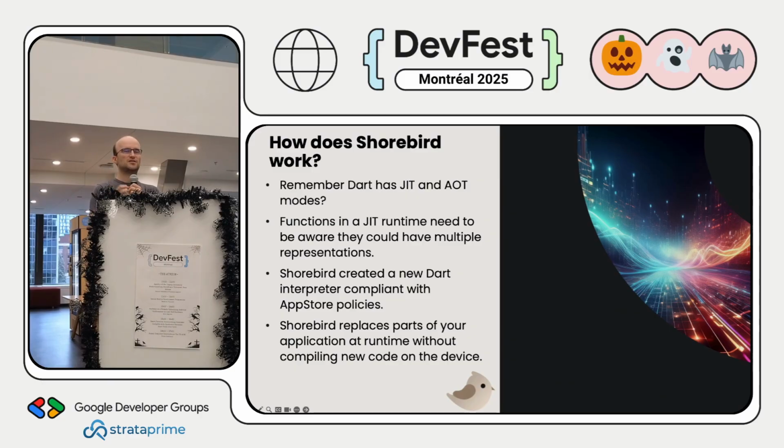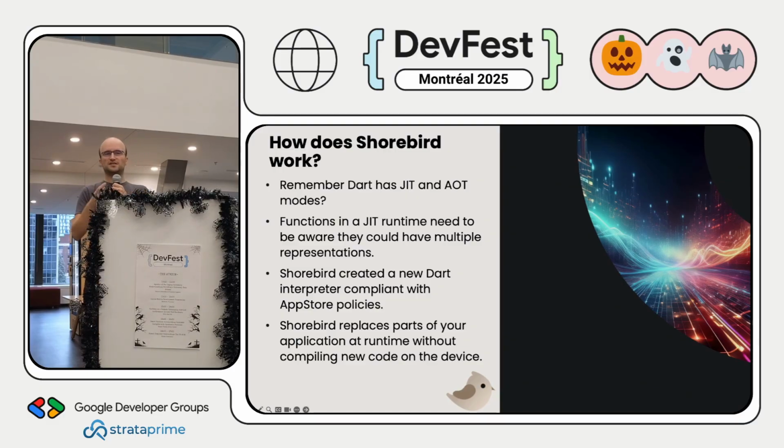Then as it runs your code, it detects which method is being called the most, and then it says, oh, you're calling that one like 1,000 times, so it's probably worth recompiling it in a more optimized way. So it will change that method on the spot for a more optimized version. So at the runtime level, the mechanism to have multiple representations of the same method, the regular method and the optimized method, is there.